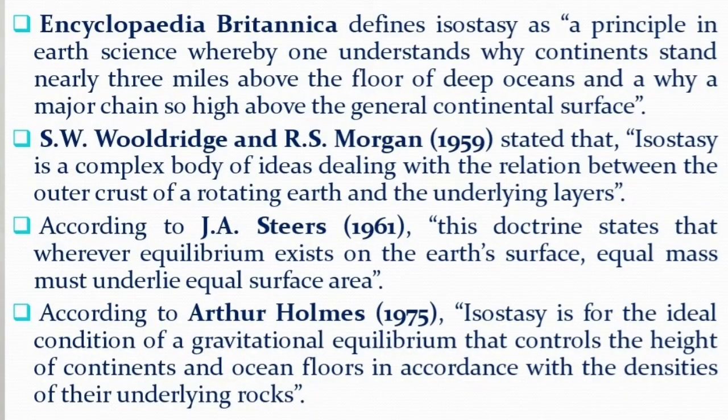According to Arthur Holmes, isostasy is the ideal condition of gravitational equilibrium that controls the height of continents and ocean floors in accordance with the density of their underlying rocks.